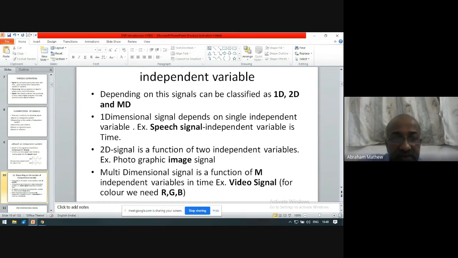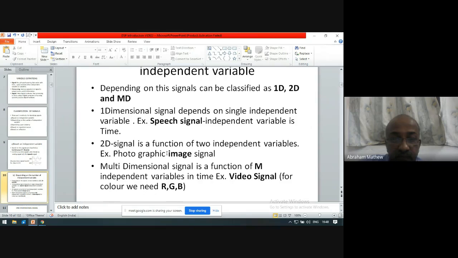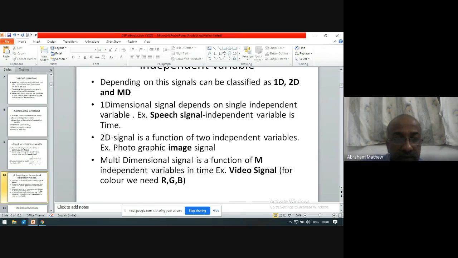Whereas a two-dimensional signal is a function of two independent variables, example image. And a multi-dimensional signal is a function of m independent variables in time. So example, a video signal where we can have red, green or blue as the variables, different colors.